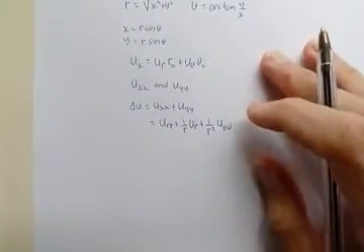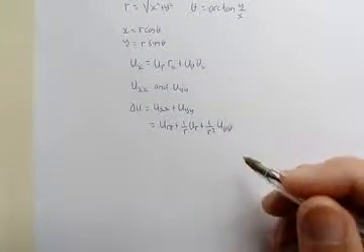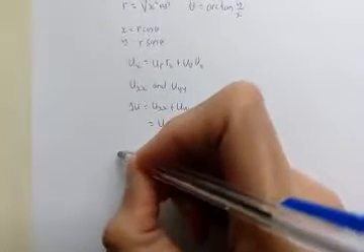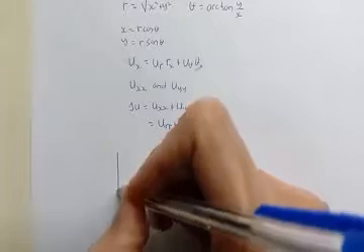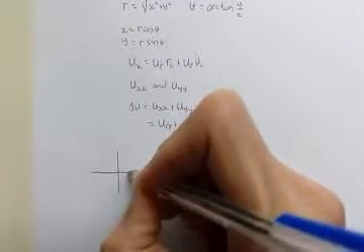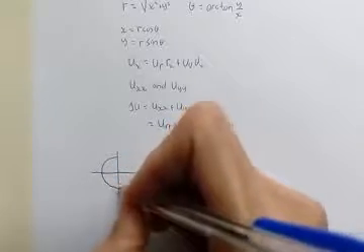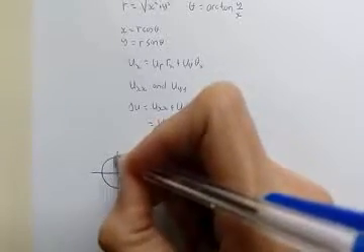Okay, now we need to know about the circular membrane. If I draw it like this, we consider this membrane to be radially symmetric.